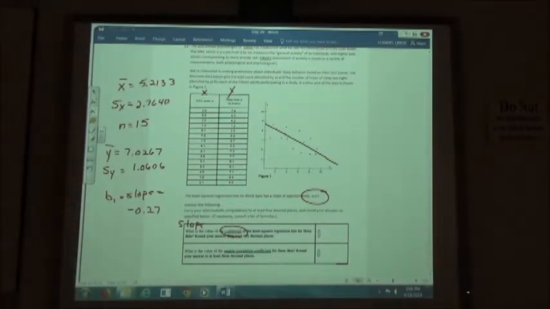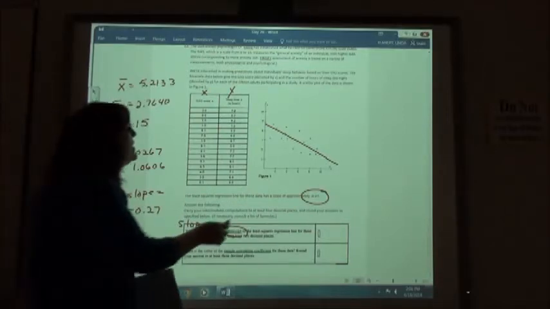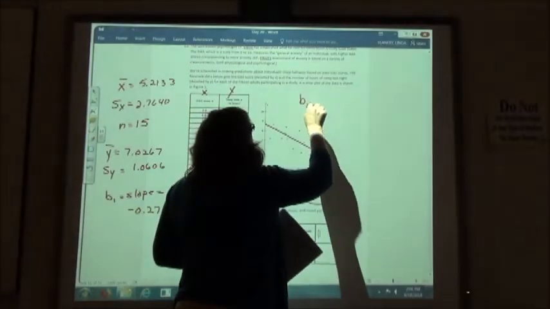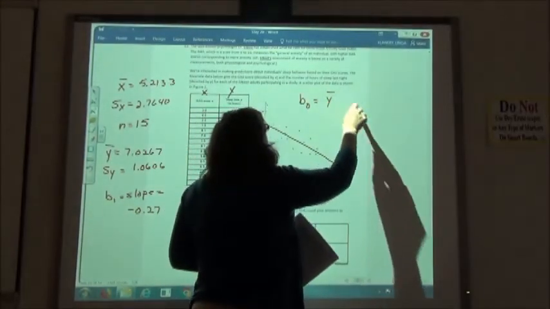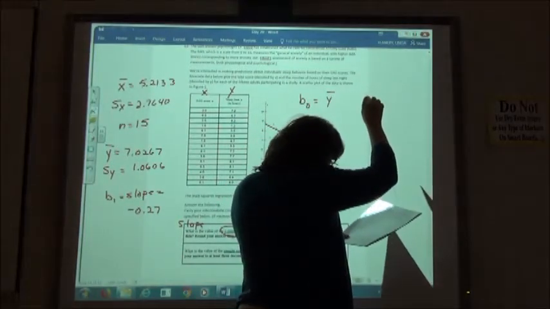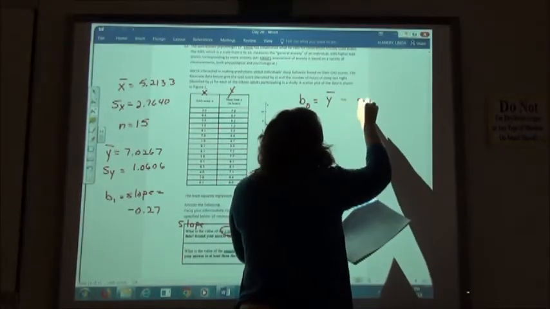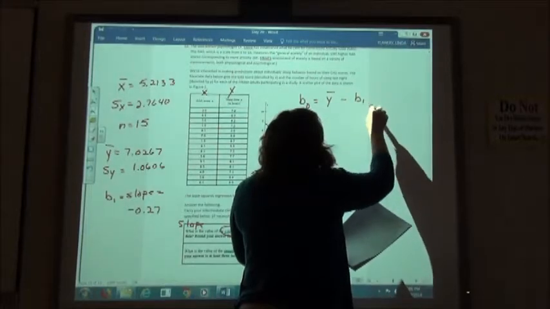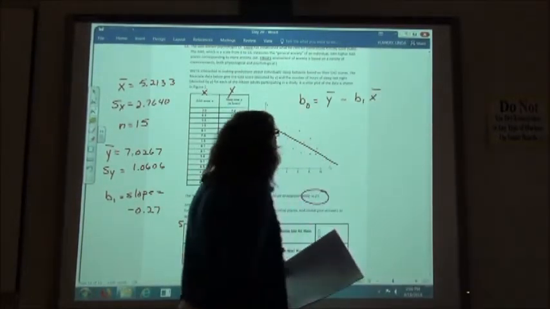We don't have to calculate it out. So since we do know what the slope is, we can then go to the formula to find out what B0 is. B0, we said, was the mean of y minus the slope, which is B1, times the mean of x.